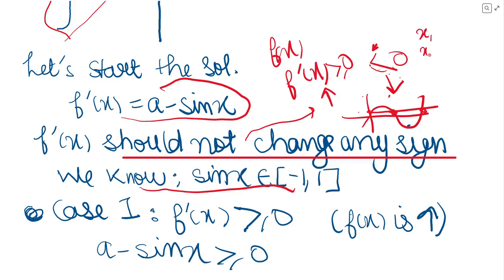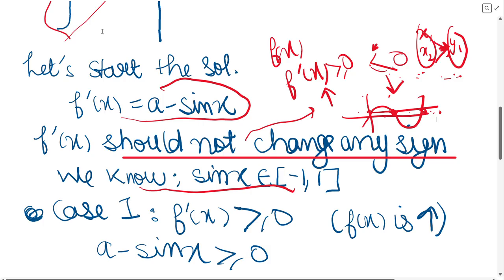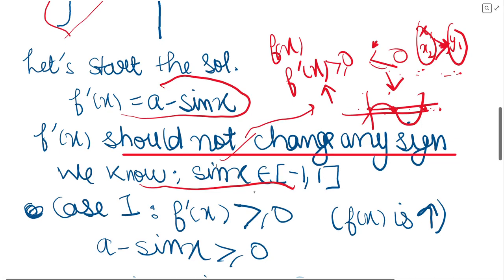This is not a one-one function, this is a many-one function. So the function is not going to remain invertible. Now you understood why we said that the derivative should not change sign.